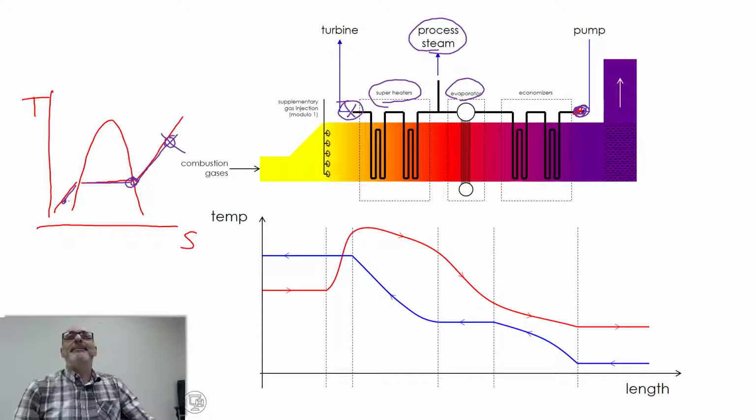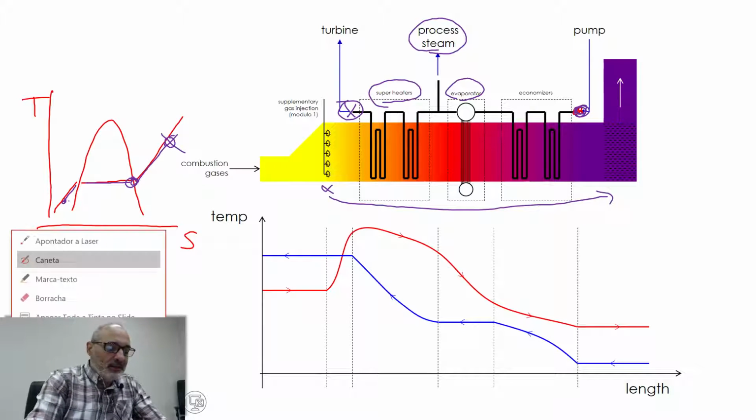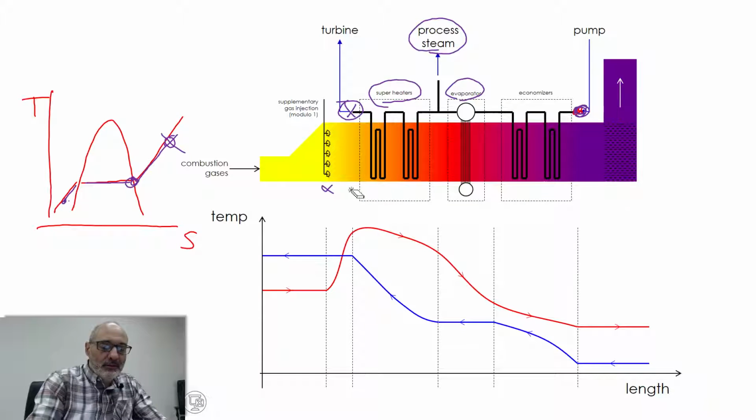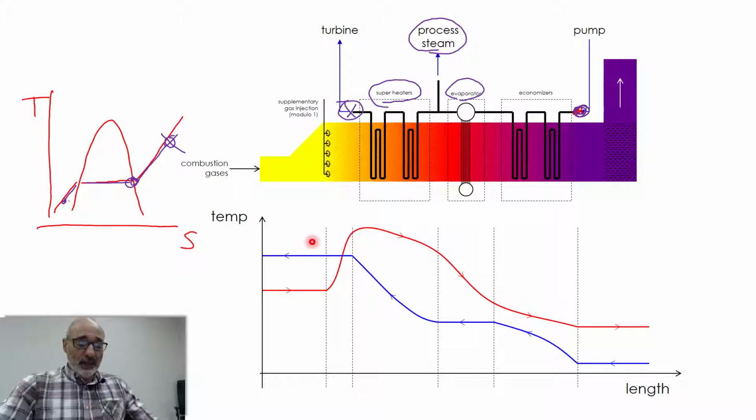The necessary heat is being supplied by the combustion gases from here to here. I just erase here and go back to my point. If you can see temperatures here, this point corresponds to this point in the TS diagram.